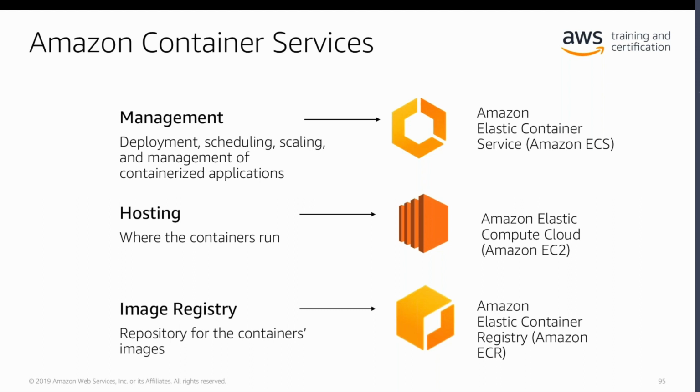And so we deploy a group of nodes that you can deploy your containers on. You can manage those nodes as a group through ECS. We can even deploy an image repository for you to store your images in, kind of like Docker Hub, but private to your own account so that you're not sharing them with anybody else. That's called ECR, Elastic Container Registry.